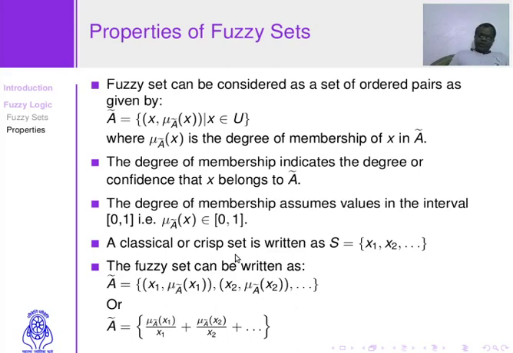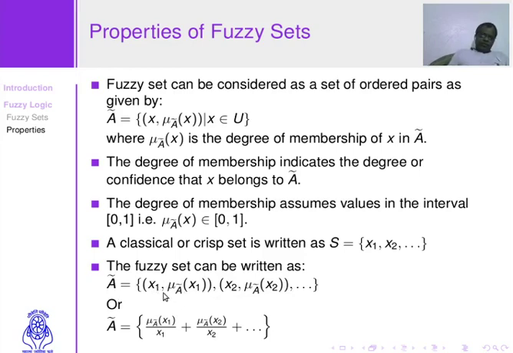But the difference is that each element in a fuzzy set is a pair rather than a single entity. So suppose there is a fuzzy set A. We write it like this.